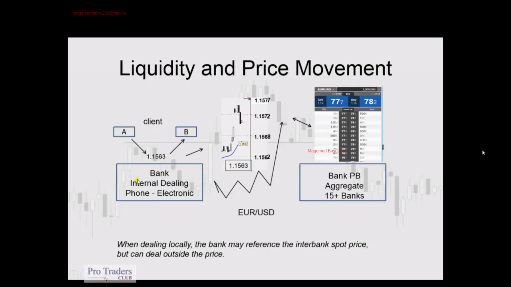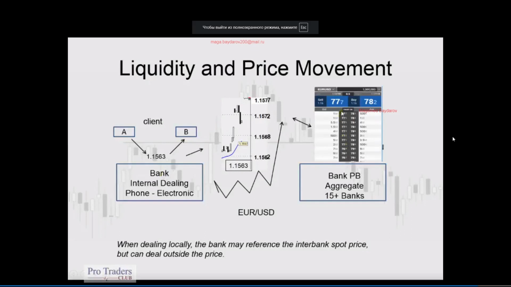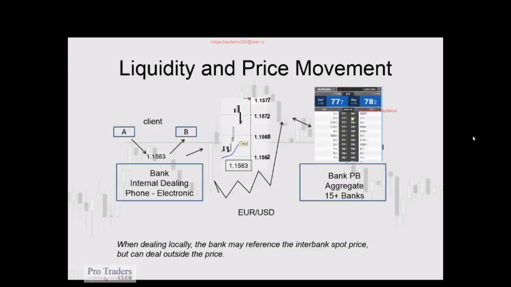So the bank is getting its prices from the interbank feed, but it can deal on its own. For example, if the bank is a contributor to the interbank feed and on occasion decides to deal at a price outside the streaming interbank feed, as price is streaming on both sides and you have your depth of liquidity, if the bank hits on a weak spot on the side of the counterparty, then it's going to need to find the liquidity.